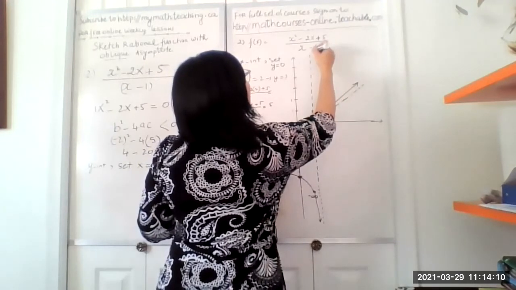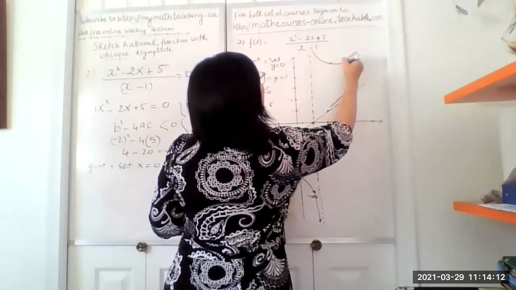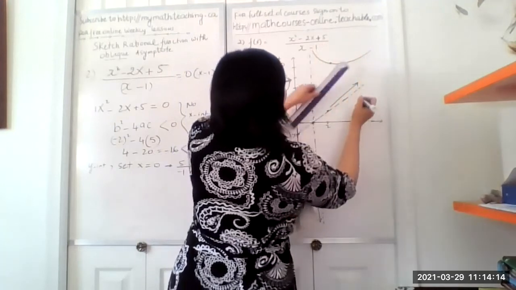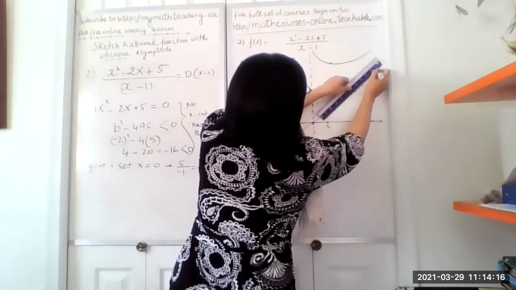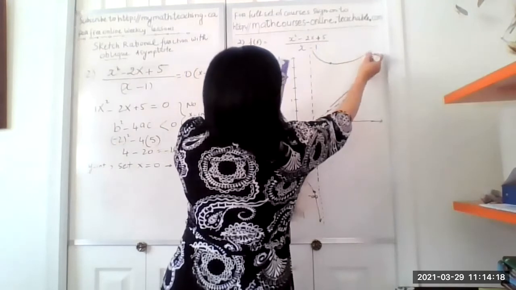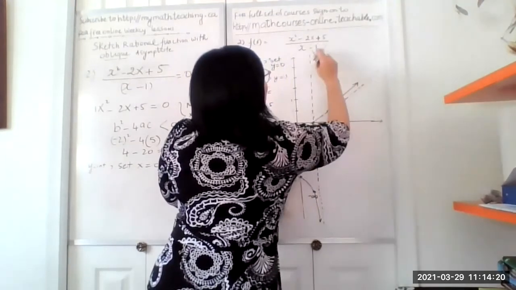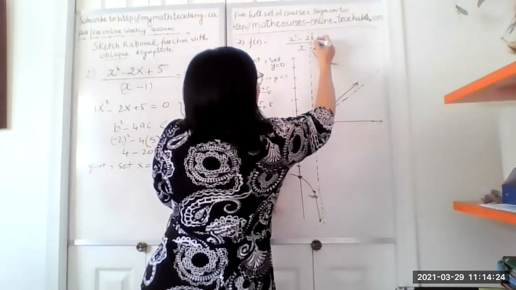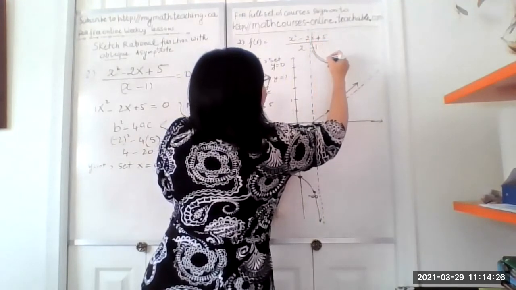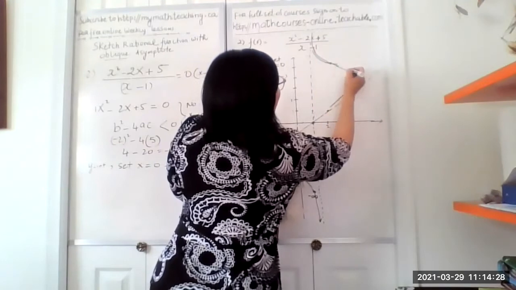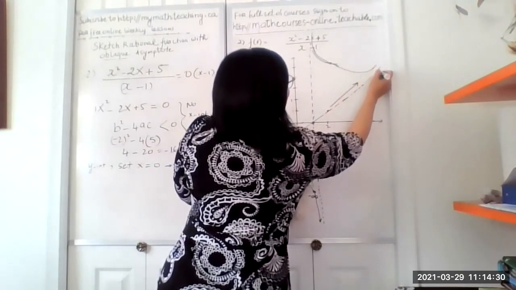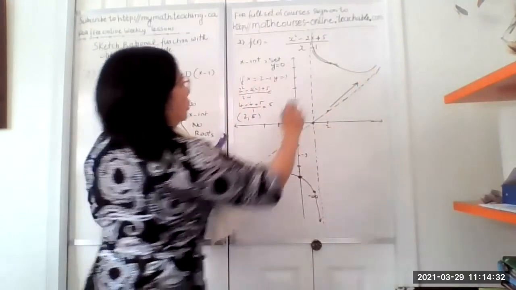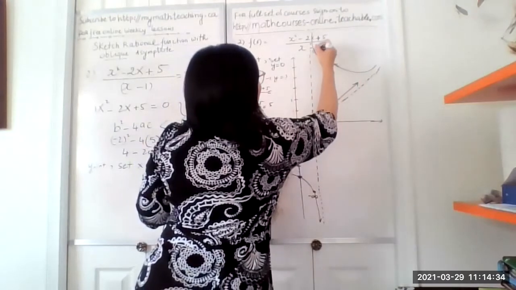So our shape will look like this, and follow the asymptote here. Put it up to the top like this. So it's going to go all the way from here, go to this point, and sketch along like this, right? So that's how the function looks.